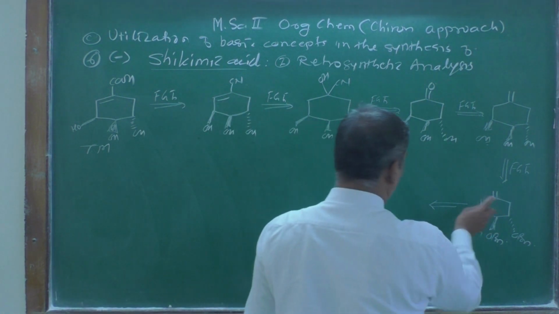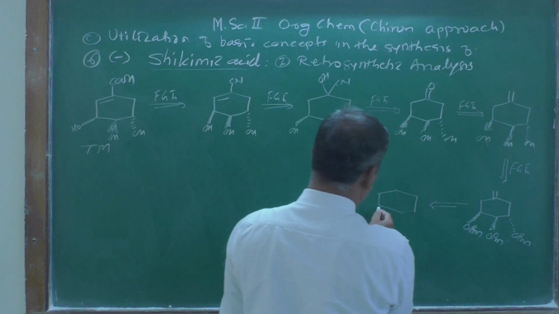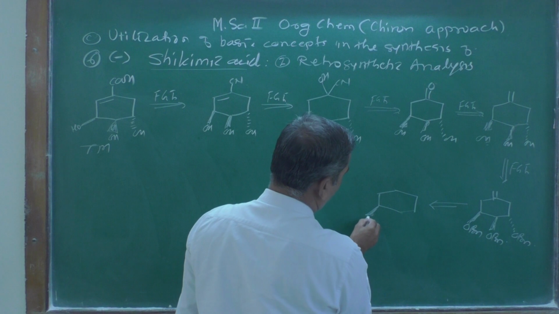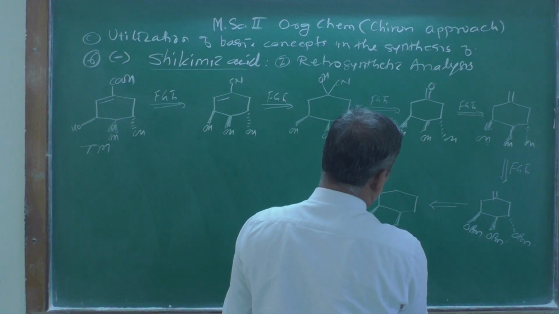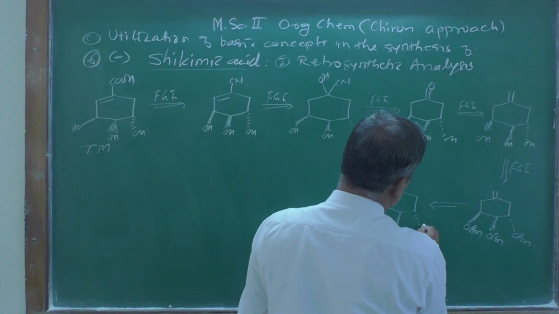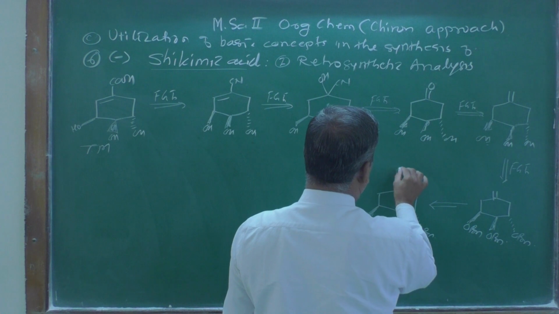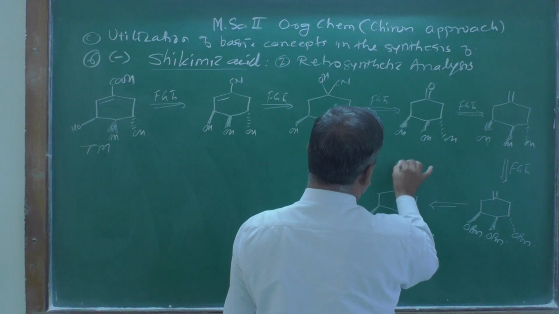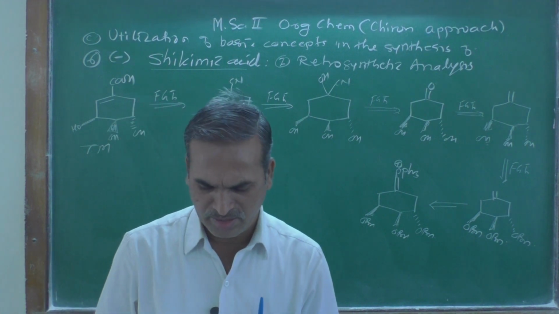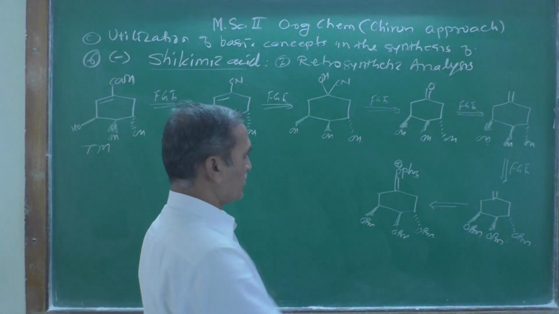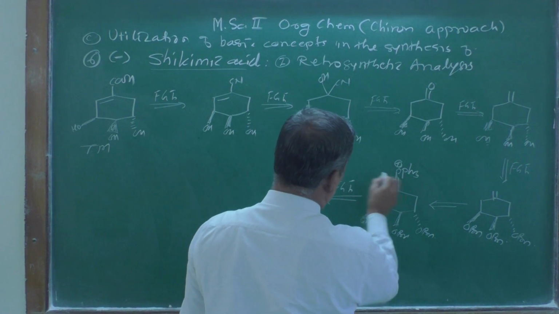And this double bond can be obtained using a Wittig approach: this OBn, the other part OBn remains as it is, this OBn also remains, and the double bond carries PPh3, which you can put in as a triphenyl phosphorane, this type of Wittig reagent. That Wittig reagent we can further obtain by functional group interconversion.